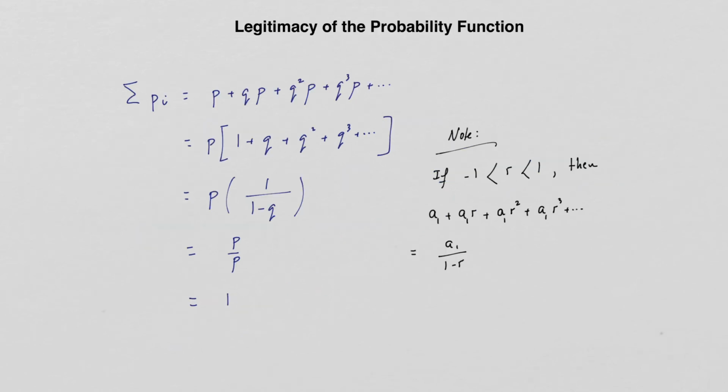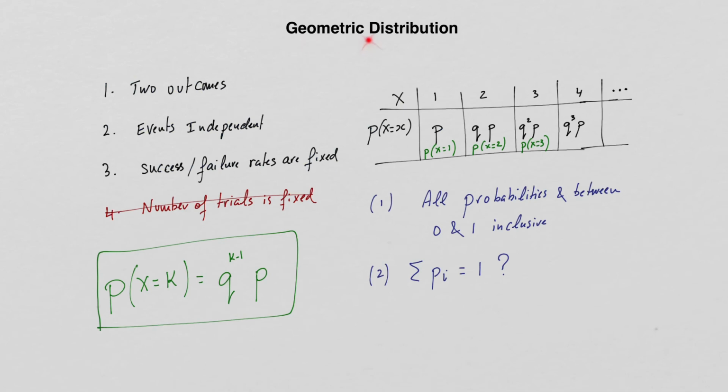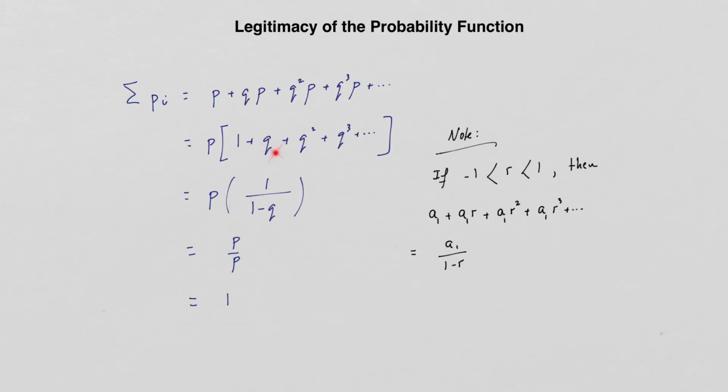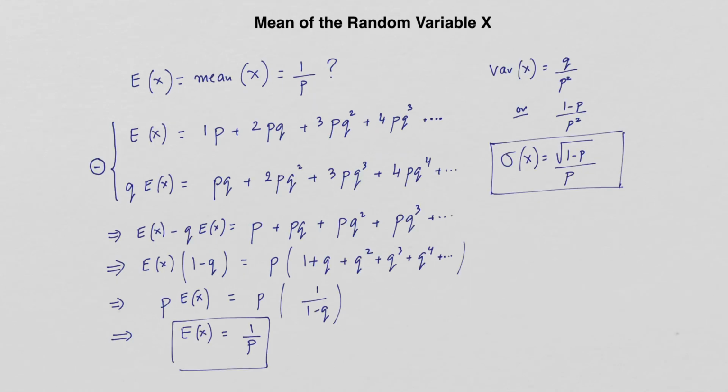Let me go back here quickly to remind you. Do you see that we said this is an infinite geometric series? That's why we call it geometric distribution. That word came from the fact that we always use geometric series, okay? And we're going to use geometric series again when we deal with the mean. So this is a claim. I'm making this claim.